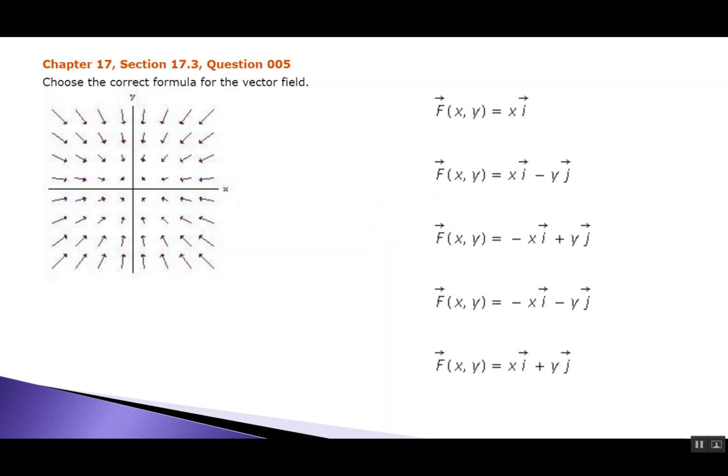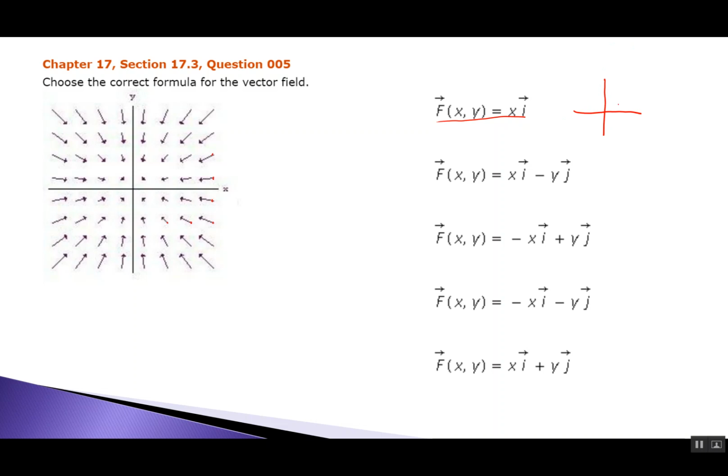So here's a picture of a vector field. At these different points, I have different vectors. Let's see if we can figure out which vector field this is. I'm just going to draw examples of these. So this vector field is x times i.